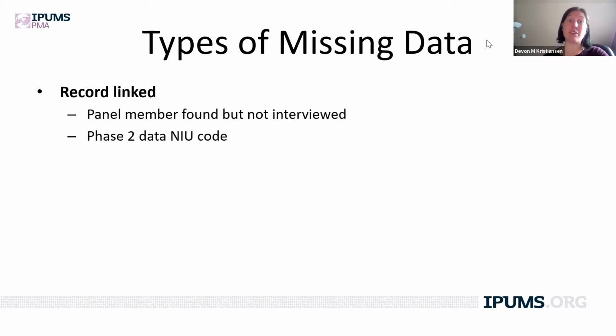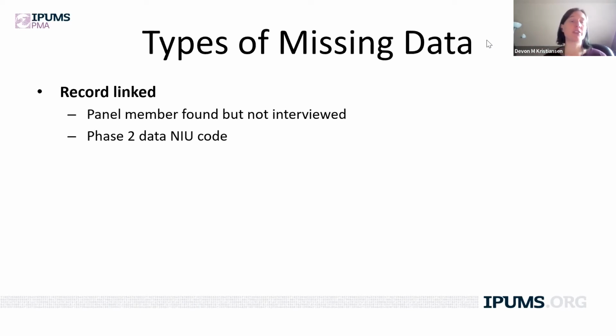So what does that mean for you as a data user? Depending on the type of missing data, the results might look a little different when you download a data file from our website. For example, if a panel member is a woman who was interviewed in phase 1 and was still eligible to be interviewed at phase 2, so she was found but not interviewed in phase 2, perhaps it's known what happened to her, like a neighbor said, oh, she moved away.